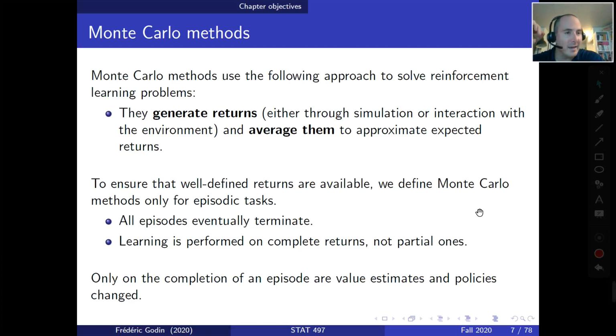The key idea used by the Monte Carlo algorithms of reinforcement learning, which we will introduce in this chapter, is the following. Use Monte Carlo simulation of the Markov decision process to generate random returns. What's a return again? A return is the sum of discounted rewards.